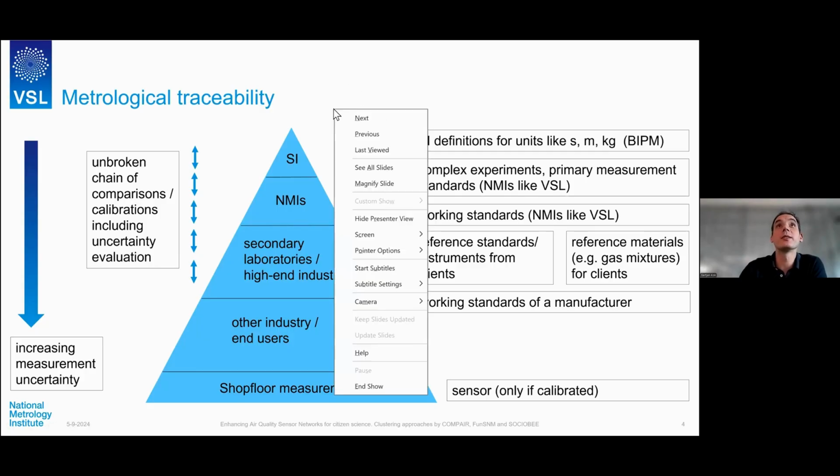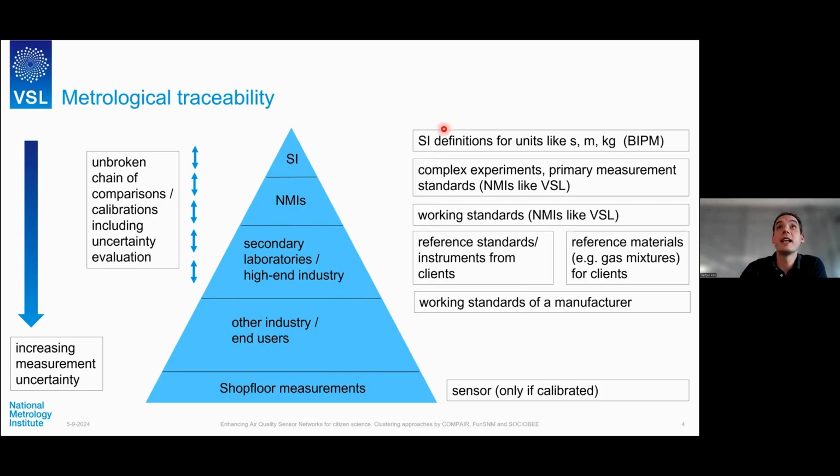So we started here with the SI definitions, which are at the top, and they are agreed on at an international level by the BIPM and representatives of all countries in Paris. Then we have some complex experiments, and we get primary measurement standards. It's typically done at NMIs like VSL.